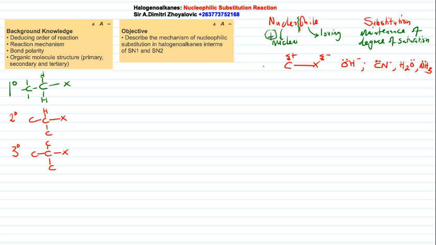For the mechanisms, we've got two types: the SN1 and the SN2. We are starting with SN1. SN1 means nucleophilic substitution, unimolecular.